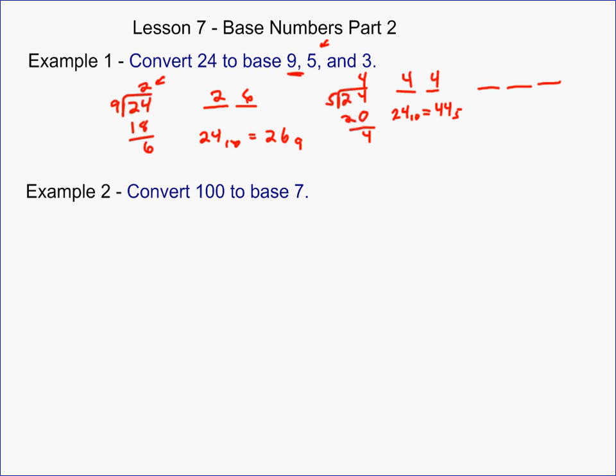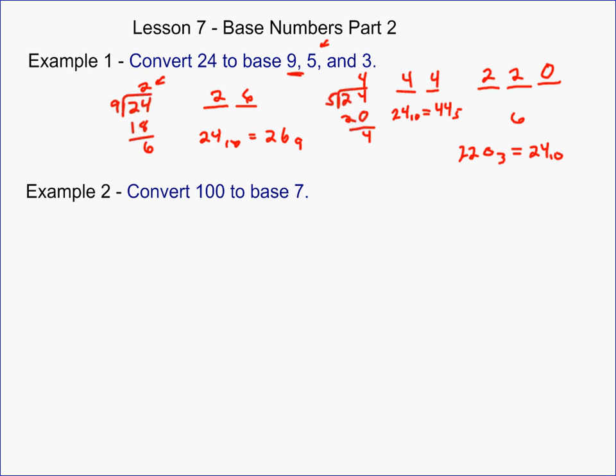And so how many 3 squareds do I have? Well, I got 2 of them. Now I have 6 left over, and since I have 6 left over, how many 3s go into 6? Well, there are 2 3s in 6. And so how many 1s do I have left over? 0. And so 220 base 3 is equivalent to 24 base 10.